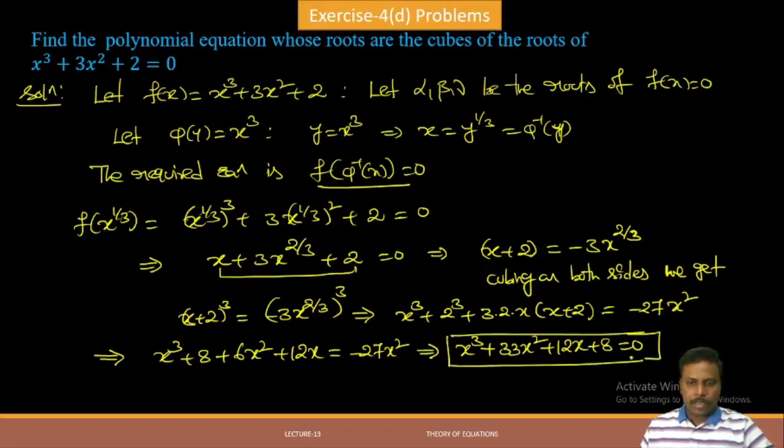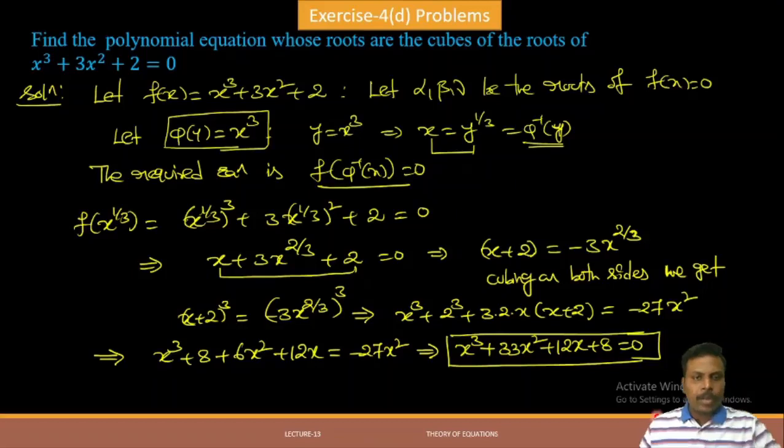Here is the solution for the given problem. Whenever a certain general transformation is given, we have to do the following thing. We have to assume the given transformation as pi of x. So pi of x is equal to x cube.